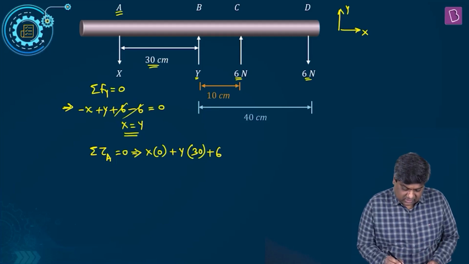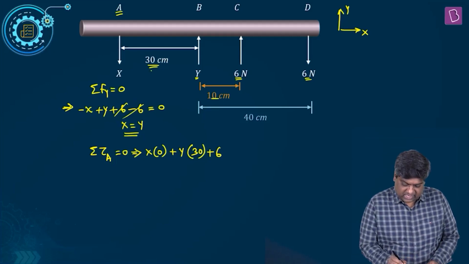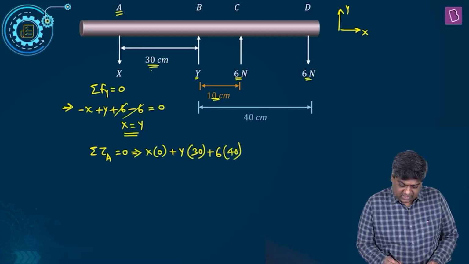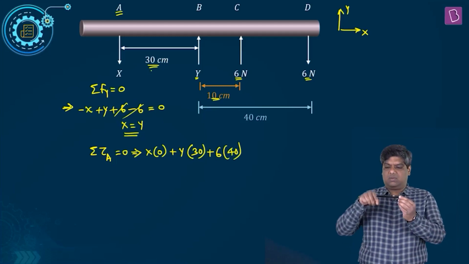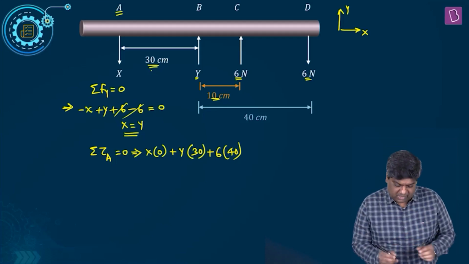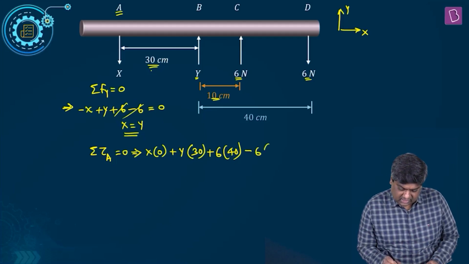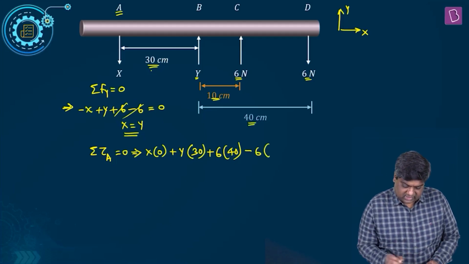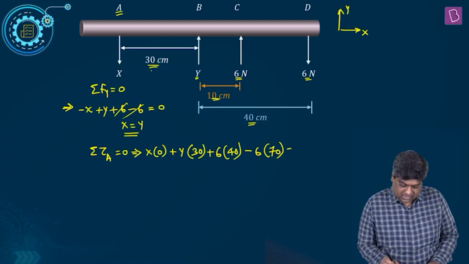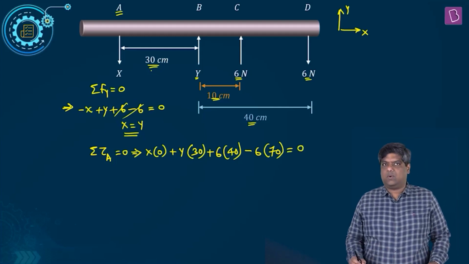So it will be 6 into its perpendicular distance, which will be 30 plus 10, which is 40, and the other 6 Newton force which is acting downwards will be in the other sense, clockwise. So it will be minus 6 into, this is 40, this is 30, so 40 plus 30 is 70, and this must be equal to 0.